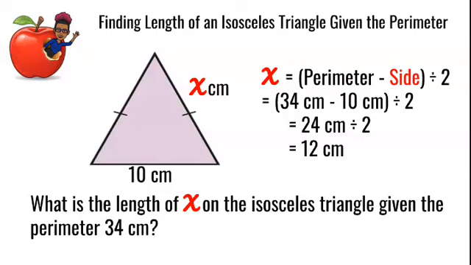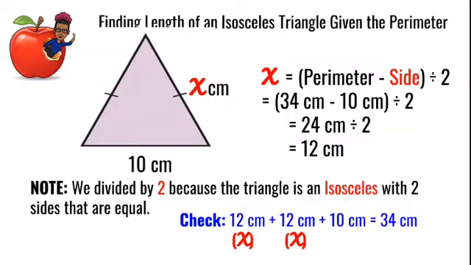So when we subtract that one side from the perimeter, the result we get would be both sides, and being that both sides would be equal, we divide by 2. So we have 12 centimeters for each side. So x would be 12 centimeters. If x is 12, the other side opposite x would also be 12.